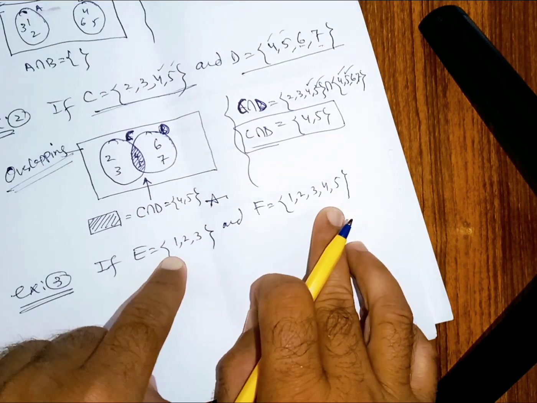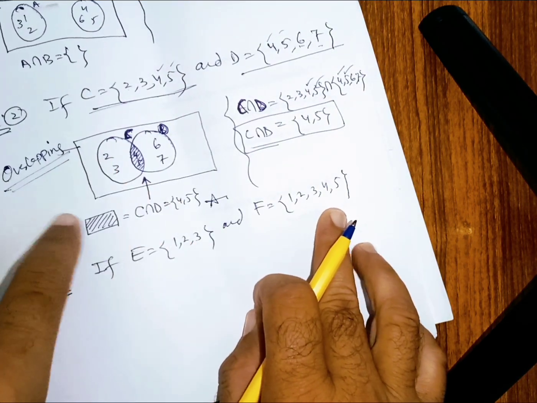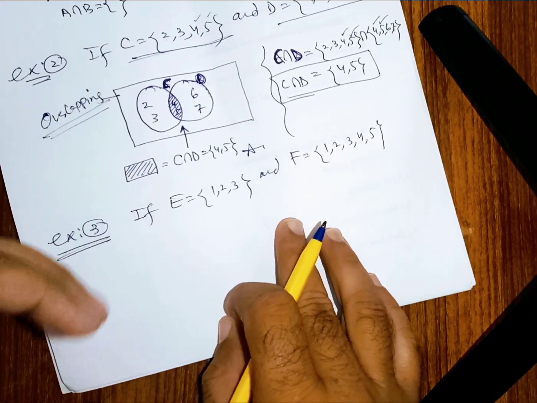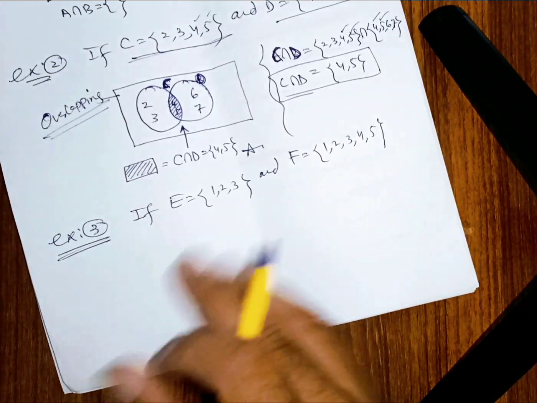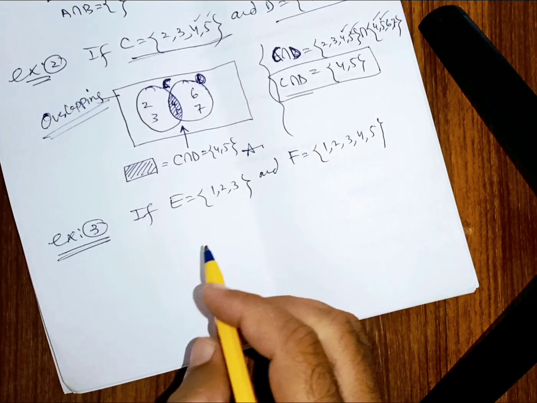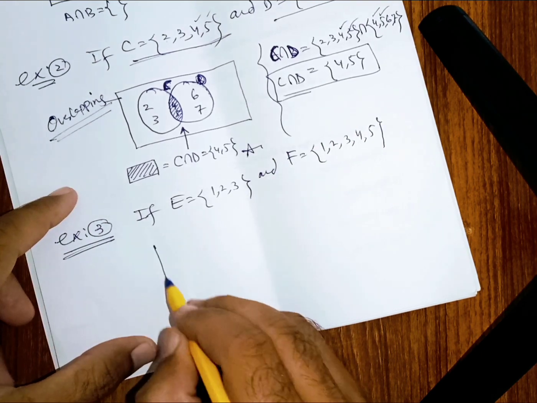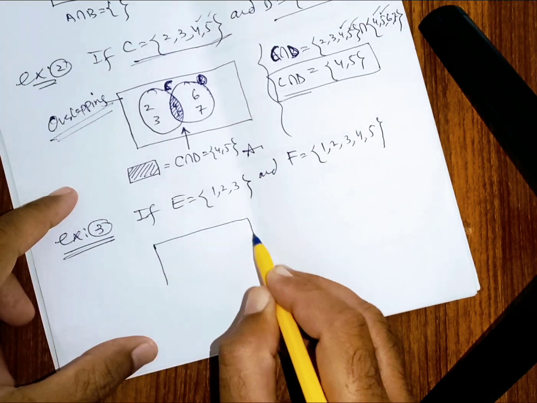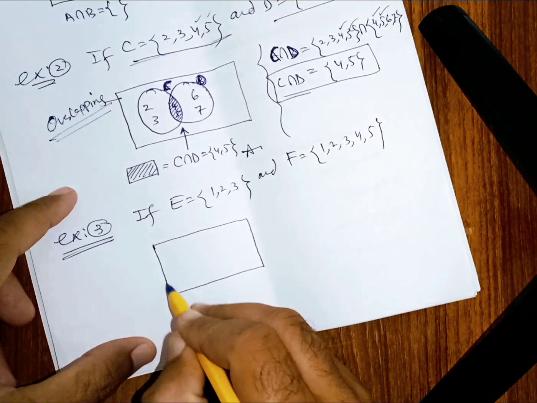So what we will do actually, we will draw the Venn diagram which will look like this. First of all, we will draw our universal set, which is a rectangle.